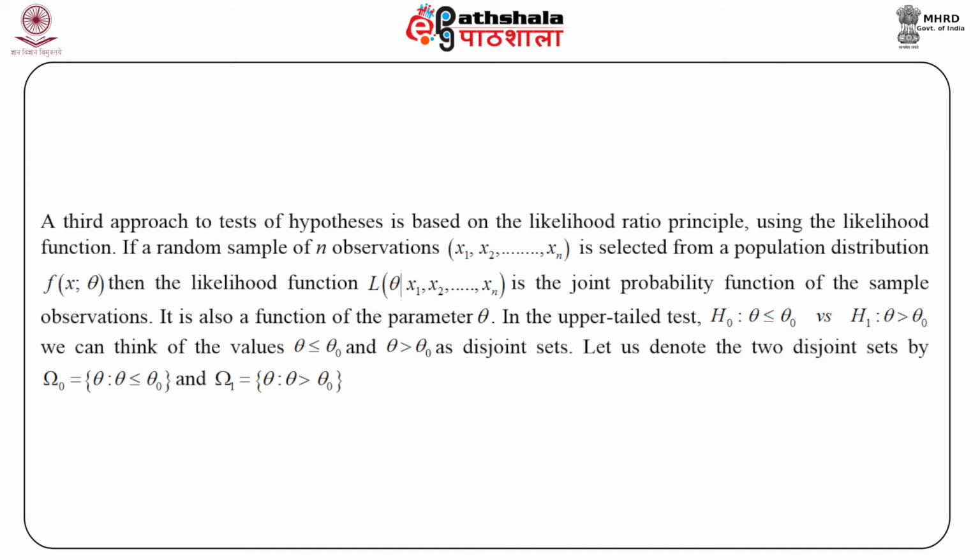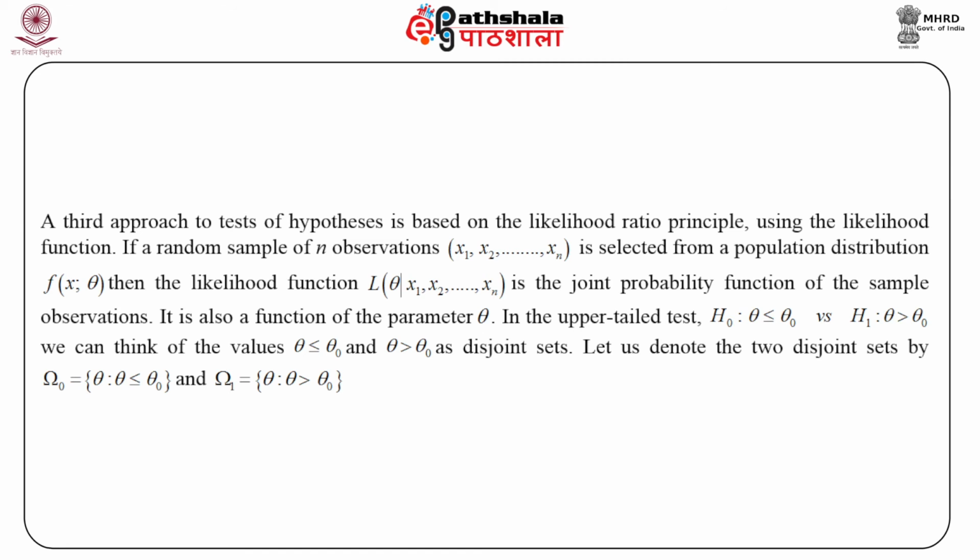If a random sample of n observations, let's say x1, x2 up to xn, is selected from a population distribution which could be denoted as f(x given theta), then the likelihood function L of theta given x1, x2 to xn is nothing but the joint probability function of the sample observations. It is also a function of the parameter theta.